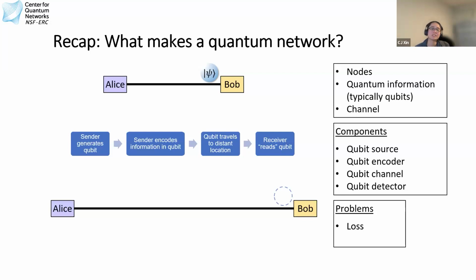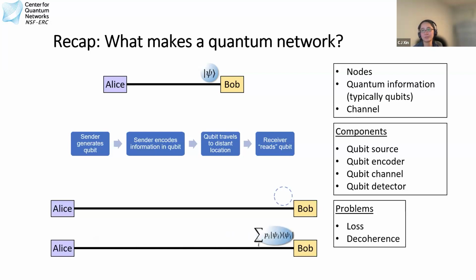And then the second problem is kind of unique to quantum network systems, or a system where you're sending quantum information around. As you send your quantum information through a really long distance, your photon, even if it interacts very weakly with the environment, will end up interacting with it, and then eventually instead of a pure state, you'll have a mixed state, which I've denoted over here with the summation.